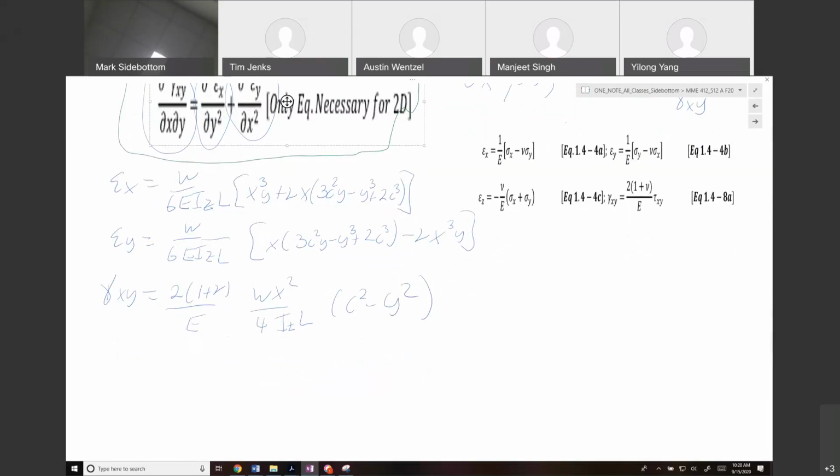if we take the second derivative of epsilon x with respect to y twice, we end up getting minus the Poisson's ratio times w x y over E IZ L. We can do the same thing and take the second derivative of epsilon y with respect to x squared.